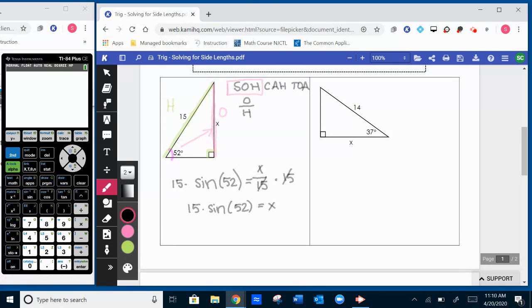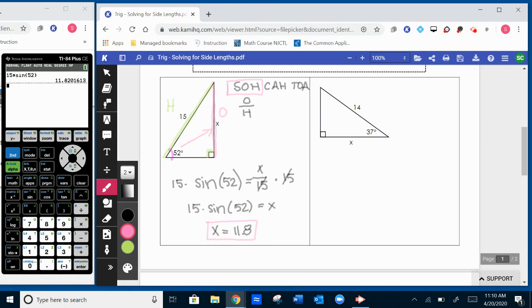And then when we look at our calculator over here, I'm going to type in exactly what I see. 15 times sine of 52, close parenthesis, enter. And we are rounding this to the 10th place, so I'm going to say x equals 11.8. And that is how we do this.